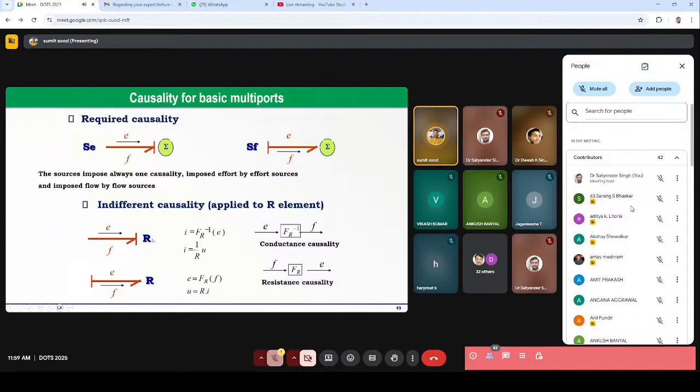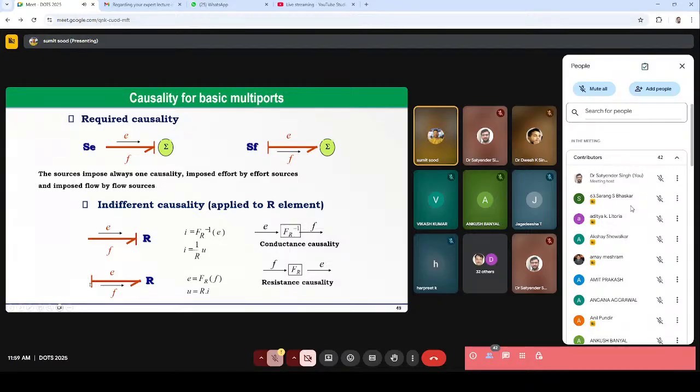For the R element, there is no fixed causality. It can be in both ways. In the R element, you can have it on the right side or on the left side. But what is the difference? Again, it is the cause and effect. If the causal stroke is on the right side, the effort is the cause and the flow will be the effect.